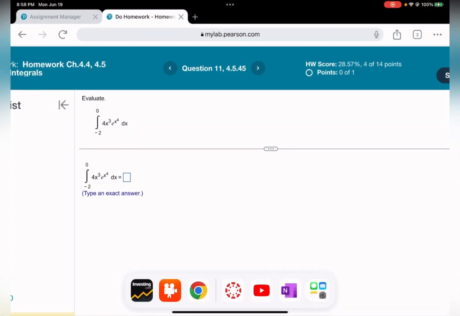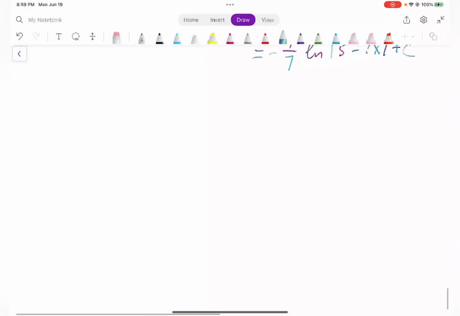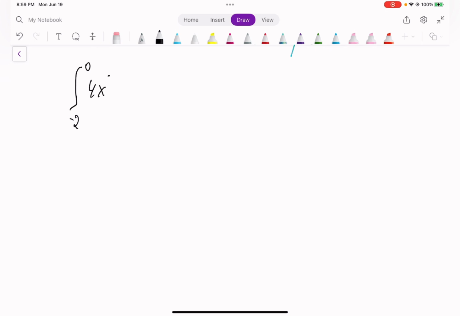We are still going to do substitution. Let me write down integral negative 2 to 0 of 4x cubed e to the power x to the 4 dx.